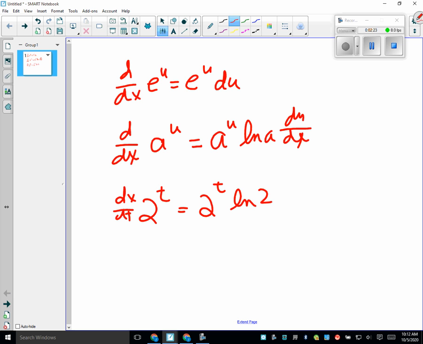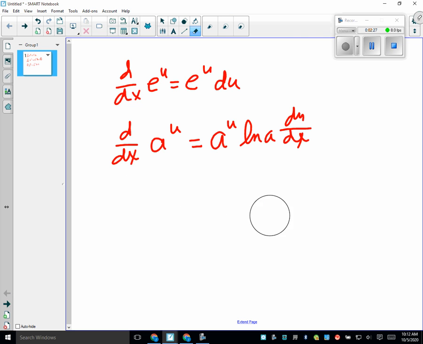Would you want us to simplify ln of 2 or just leave it? How are you going to simplify ln of 2? Calculate? No, that doesn't simplify it. That changes it to a decimal. Simplify means break it down smaller, and it does not. Okay?